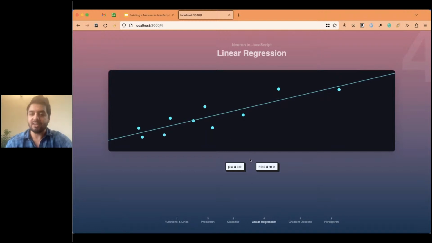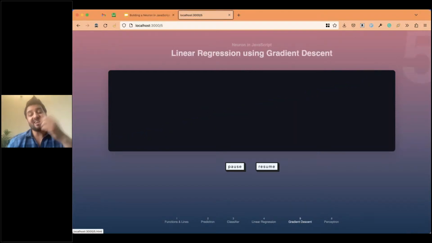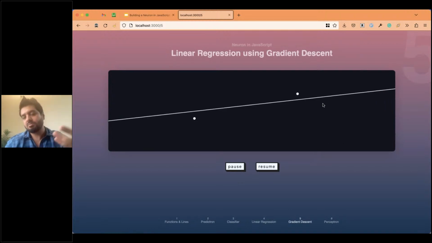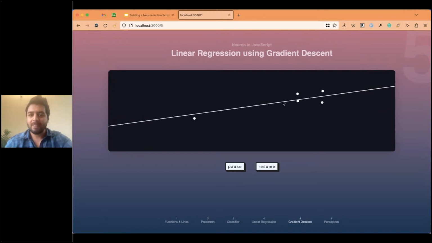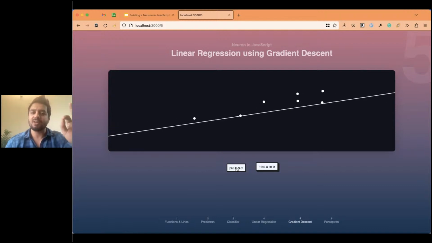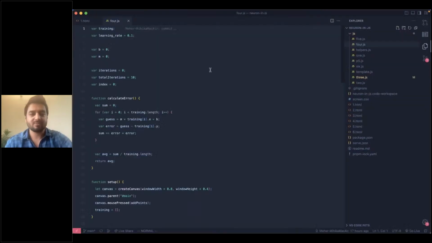This is your linear regression using the sum of all the errors or mean errors. If we use gradient descent, which is a simplified way of reducing all the errors, we can use calculus to help us do that. But I'll park this for now and let's look at the code for the perceptron.